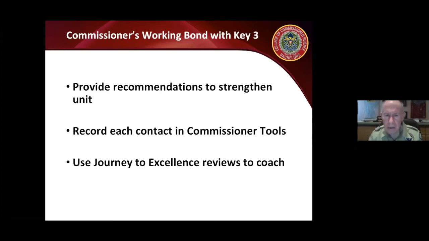It's intended to be a self-guided tour and to help identify where we're strong and where we need to be strong. And that unit commissioner can meet with them and identify those areas, both areas of strength and areas of need.